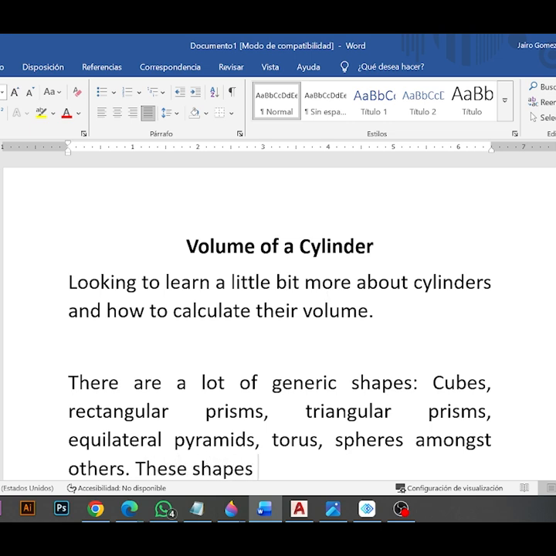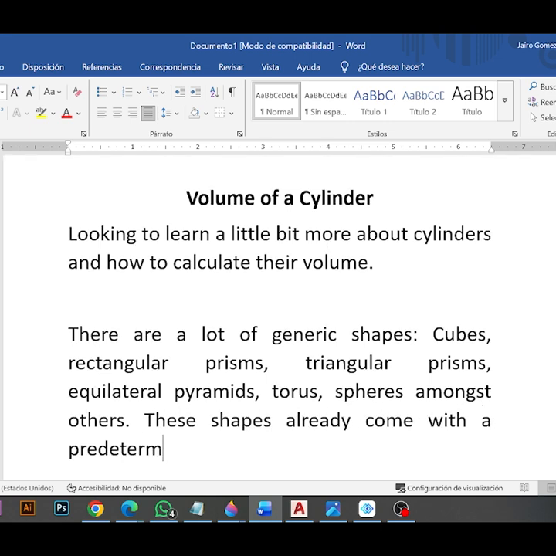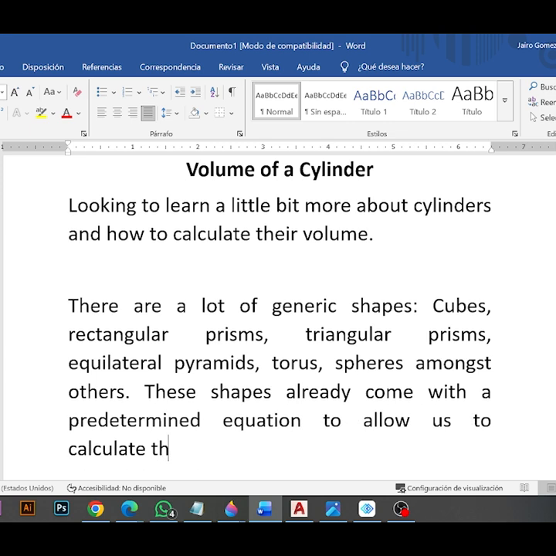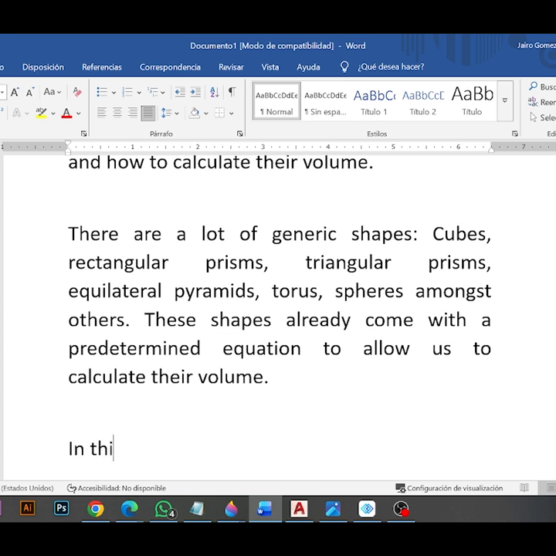These shapes already come with a predetermined equation to allow us to calculate their volume. In this lesson, we will focus on cylinders.